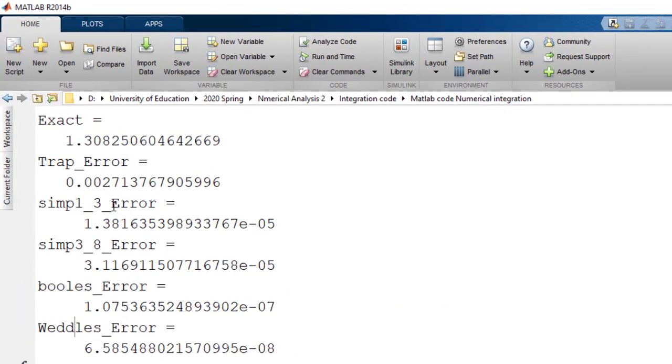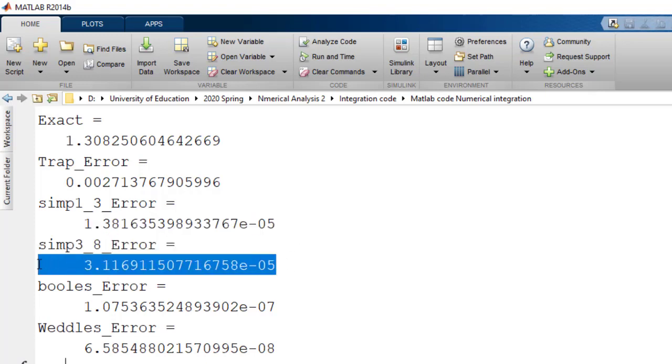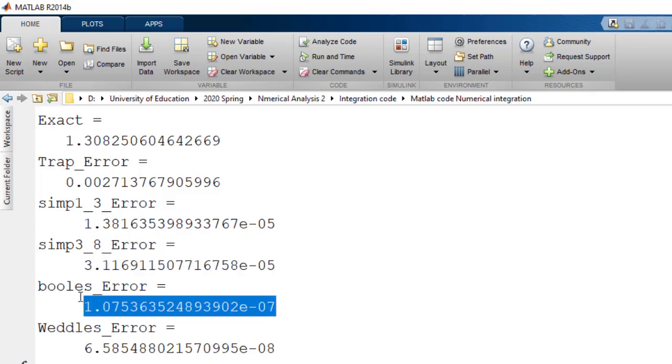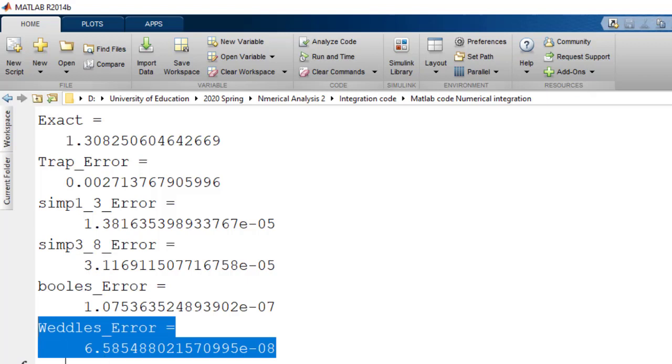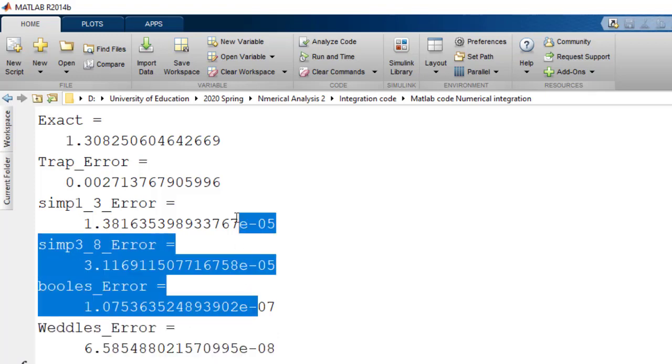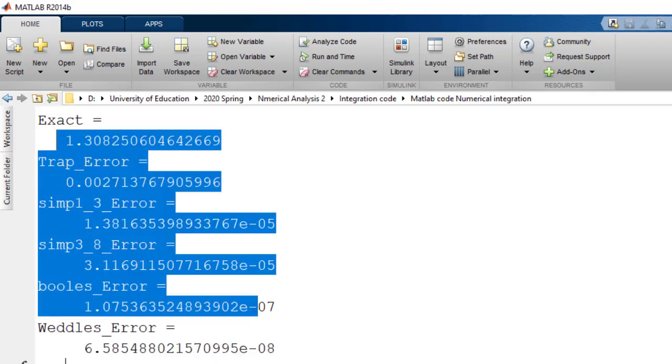So this is the error of the trapezoidal rule for n equal to 12, this is the error of Simpson 1/3, this is the error of Simpson 3/8, this is the error of Boole's rule, and this is the error of Weddle's rule. So again Weddle's rule as compared to the other schemes is more accurate.